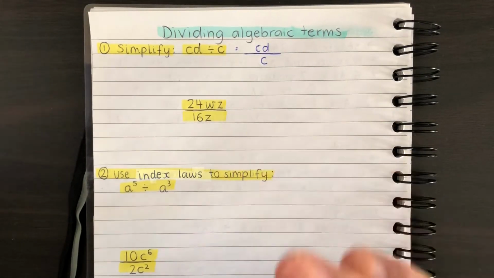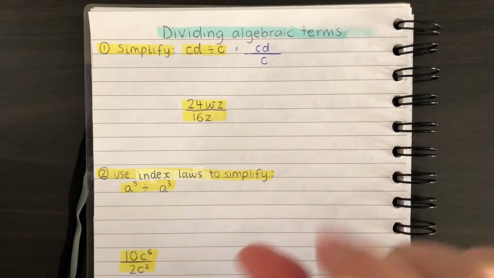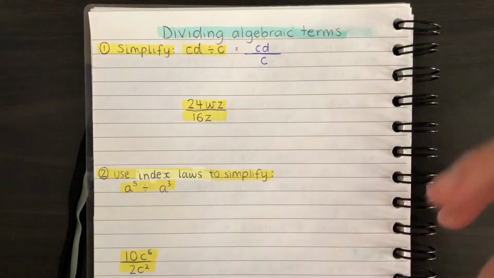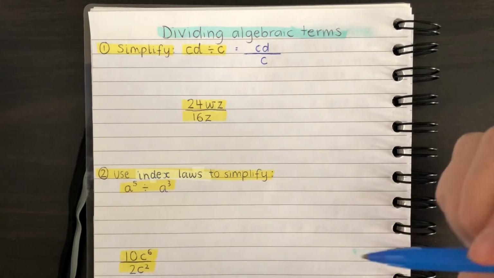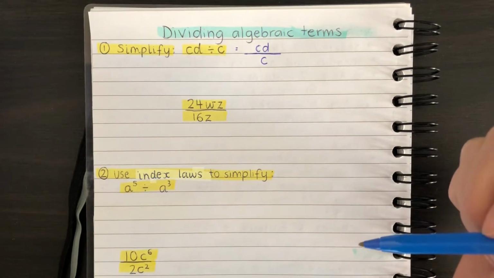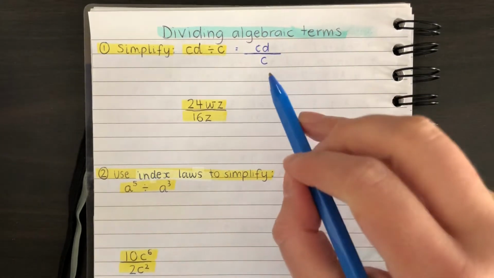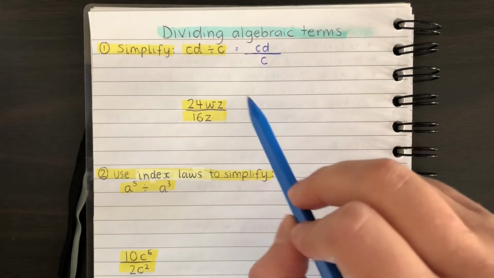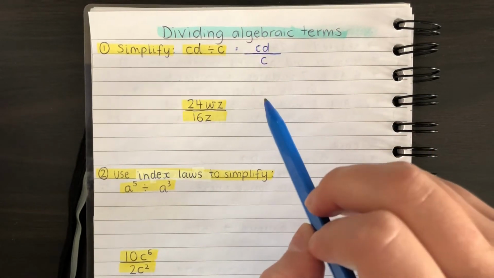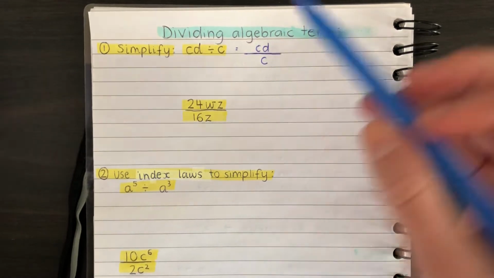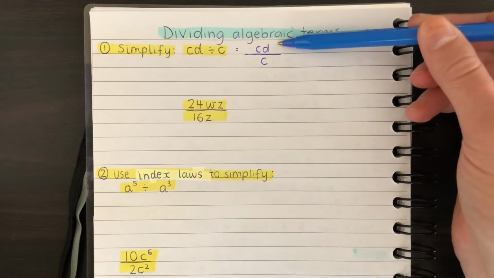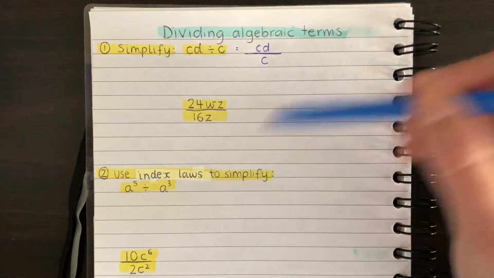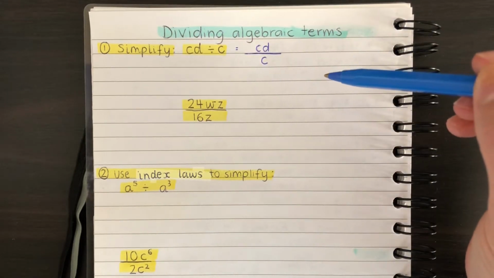anything that is the same in terms of letters, or in other words, pronumerals. I'll just say letters for now though. Any letters that are the exact same on the top and the bottom can be immediately cancelled out.